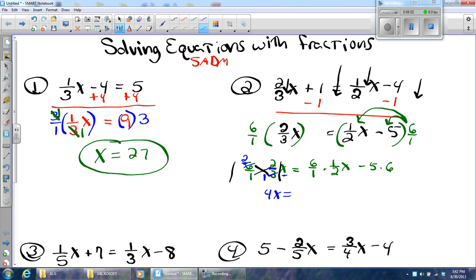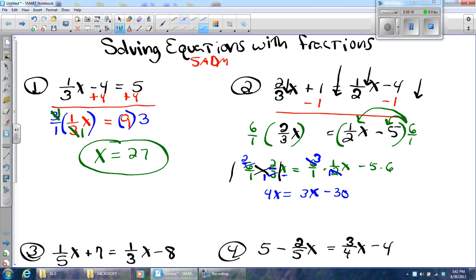Over here on the right, looking in my 4 directions, I see I have 6/2. Well, that'll simplify to 3/1. My denominators are all 1. Don't worry about them. 3 times 1 times x is 3x. Negative 5 times 6 is negative 30. Sorry about that.